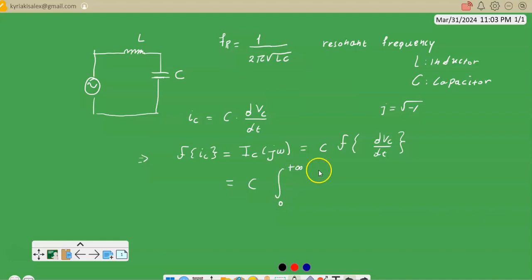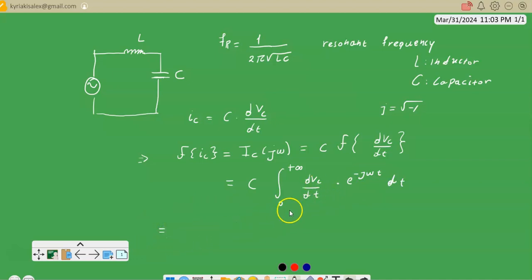It is the integral from 0 to infinity of the derivative times the kernel of this transform, which is e to the minus j omega t dt.